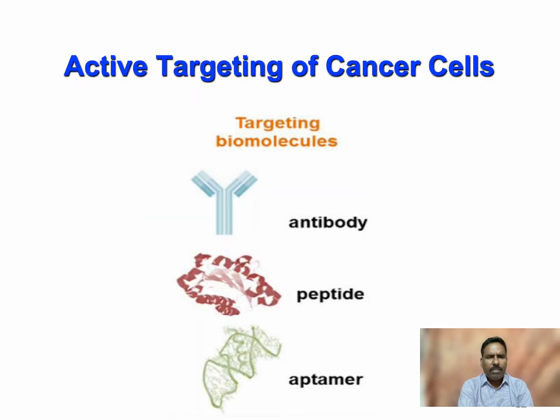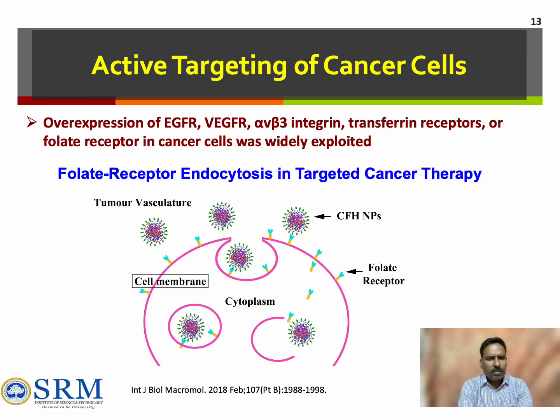Now, active targeting of cancer cells. This can be done by conjugating the nanoparticle with antibodies that specifically bind to the cancer cells, or peptides that can reach the cancer cells, or aptamers which are specific for the surface molecules of the cancer cells. Overexpression of EGFR, VEGFR, integrins, transferrin receptors, and folate receptors in cancer cells has been widely exploited for targeting them.